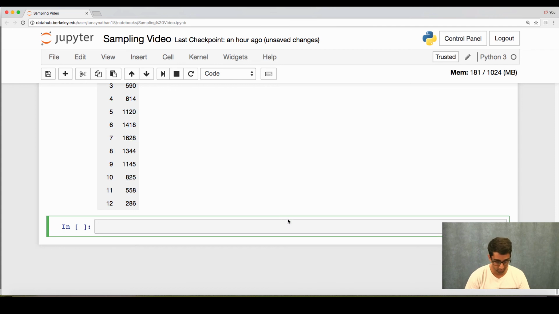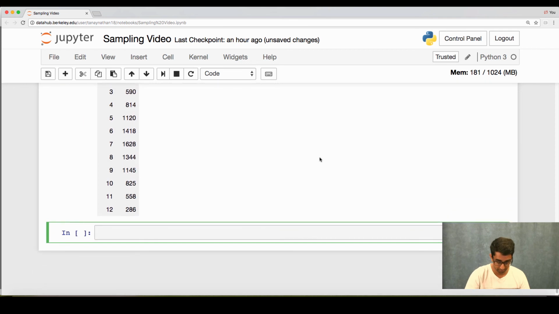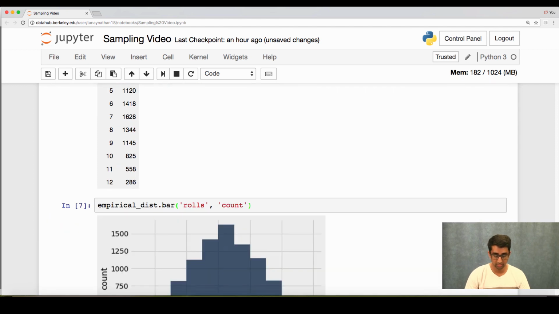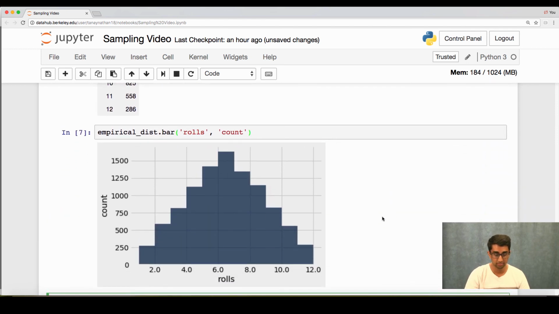So let's make this bar chart real quick. If I remember what I named this table, empirical dist, then we can just take the bar of the rolls and the count. We can see that it looks very similar, but it's a little bit weirdly adjusted.